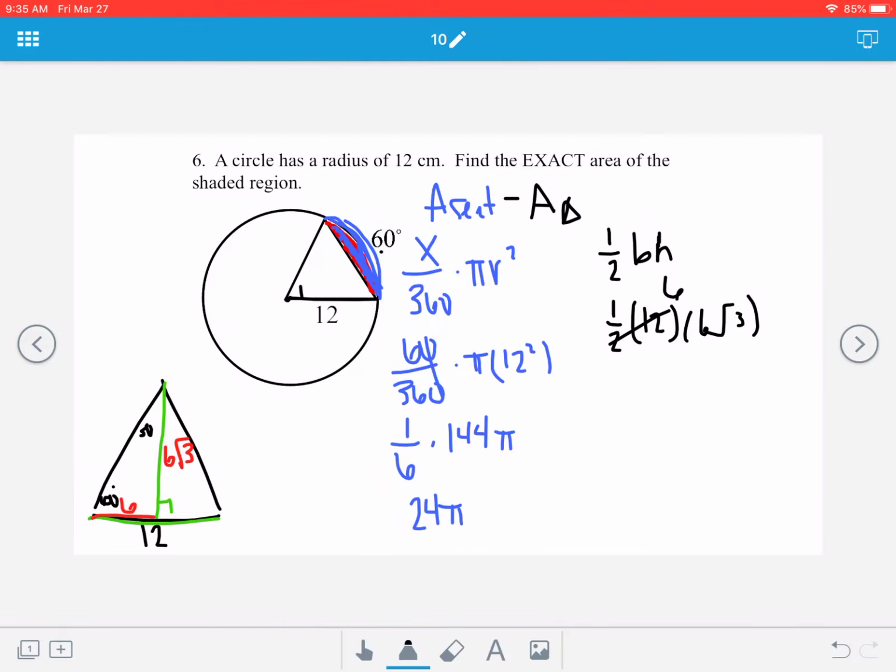Half of 12 is 6. 6 times 6 is 36 square root 3. So then to find the area of that shaded region, in exact form, 24 pi minus 36 square root 3 centimeters squared.